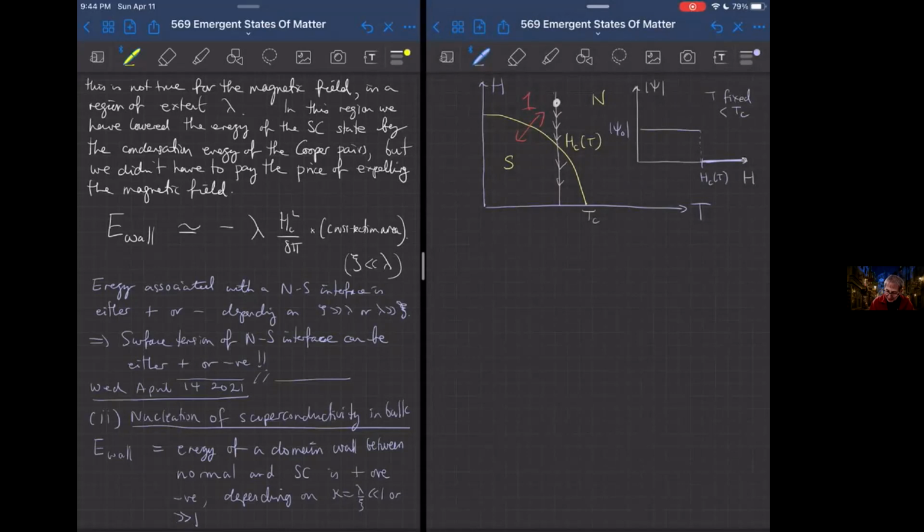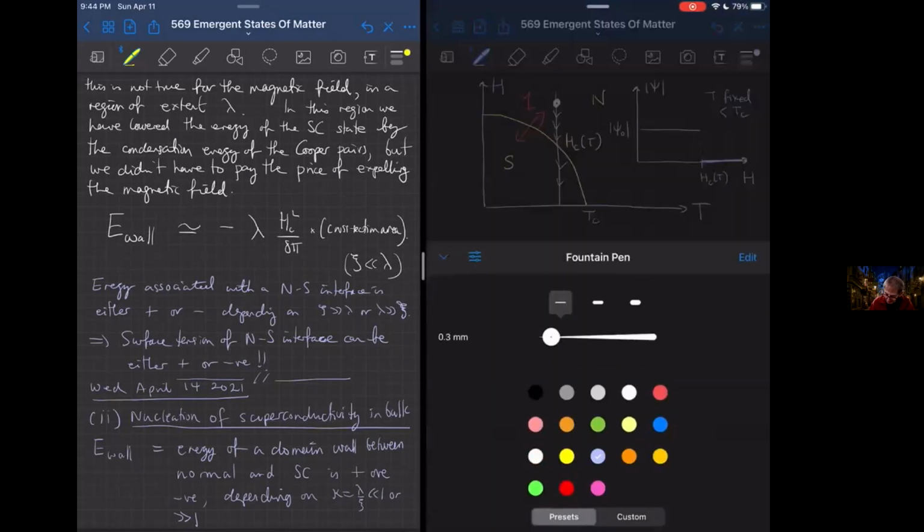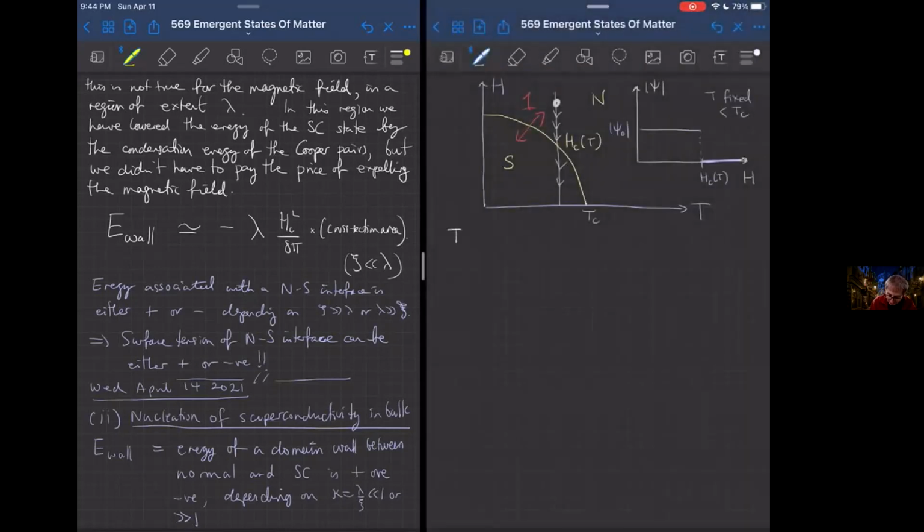Okay, so this is a first order transition, and so let's just basically review the kinetics of first order phase transitions. So let's talk about the kinetics.